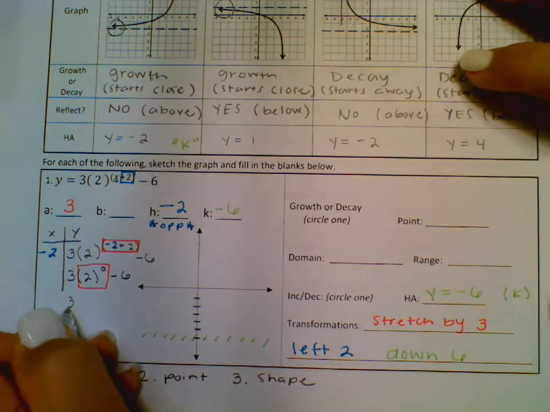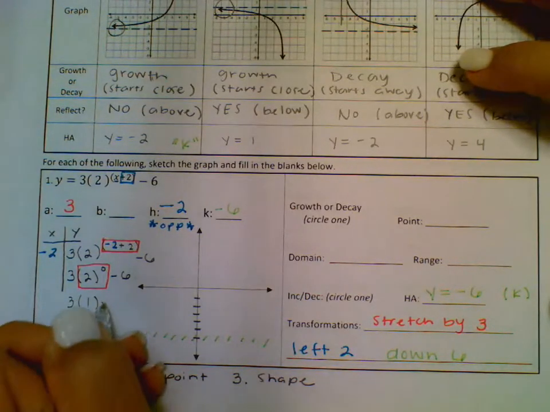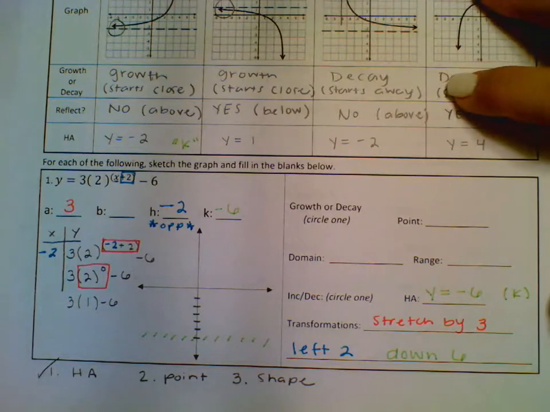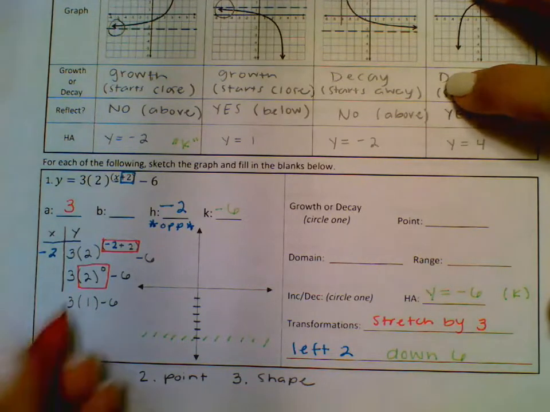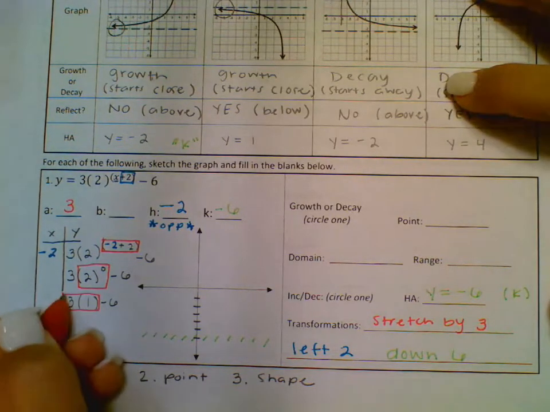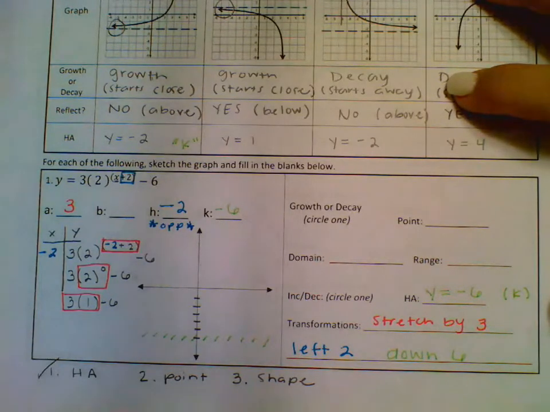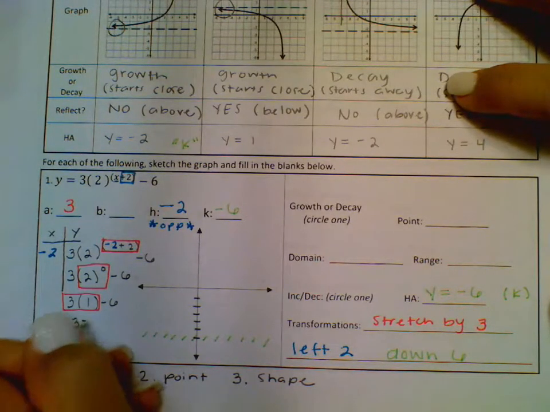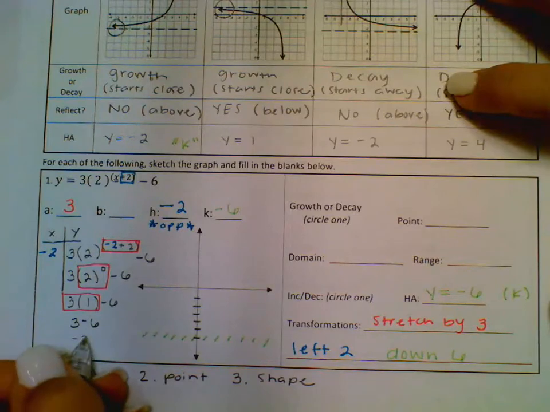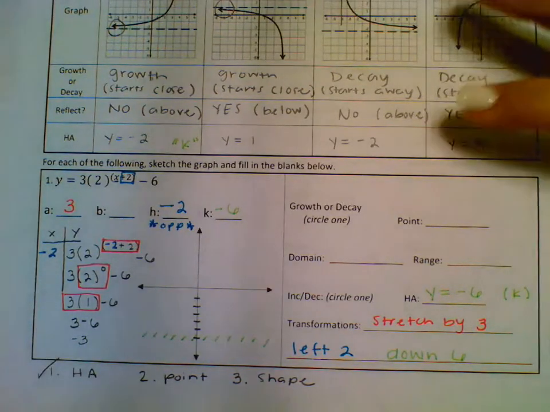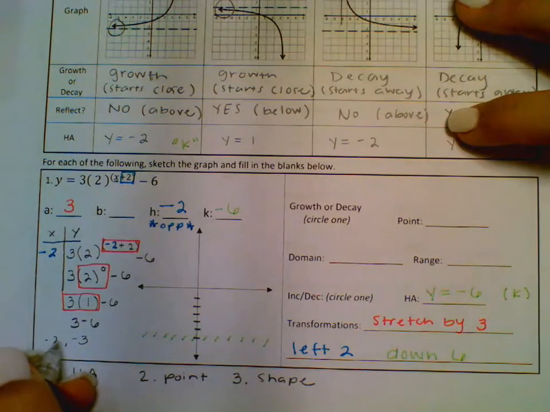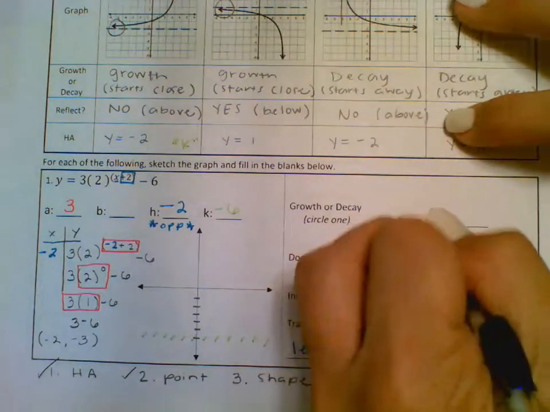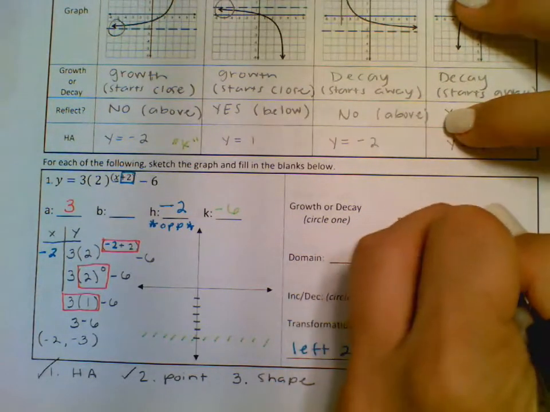So 3 times 1 minus 6. Then I'm going to multiply 3 times 1, which is 3. And 3 minus 6 is -3. So my point is (-2, -3). So I've now found my point, (-2, -3).